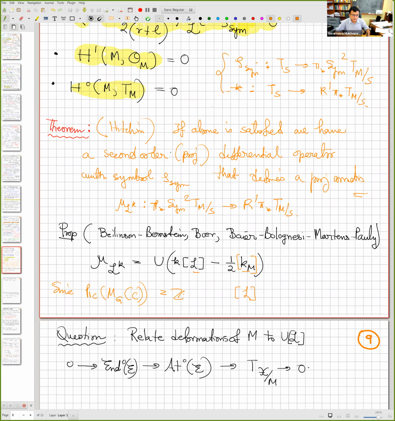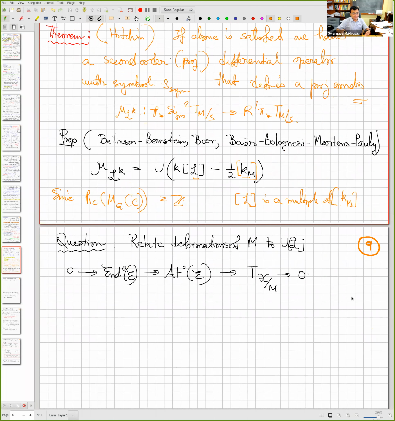So this is a multiple of K. This is not true in the parabolic setup, and this presents a problem. In the parabolic setup, the Picard group is more than Z.